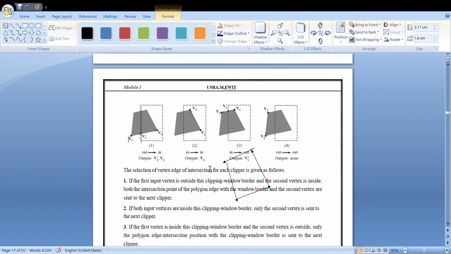Now here, this one line alone is what I have looked into with respect to this left clipper. So this is only one left clipper which I have considered. Now I have to move from the left clipper to the right clipper.